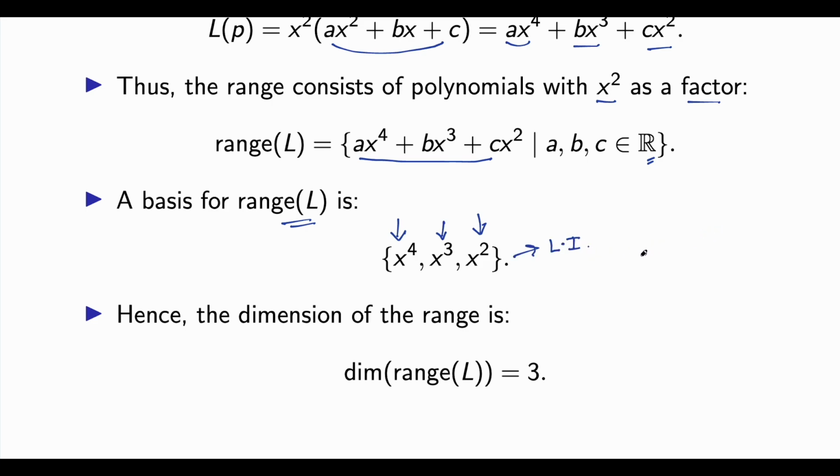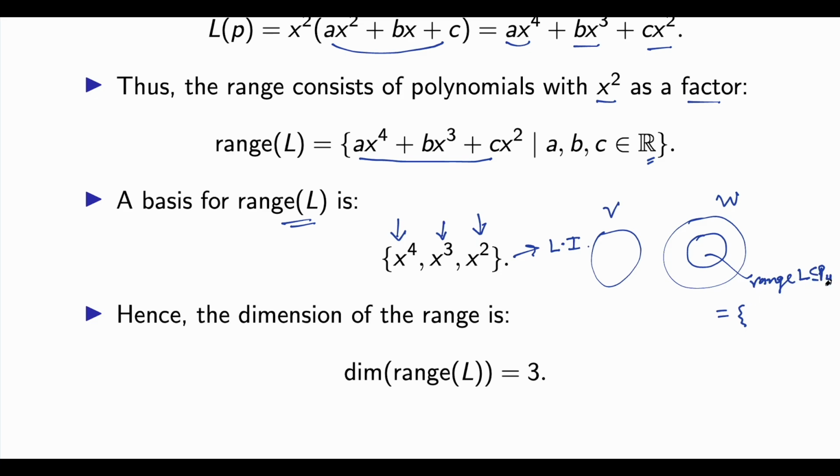And range L will be a subspace of W. You have V, you have W, right? So range L will come here, and range L consists of the polynomials of degree 4, which belong to P4, right?